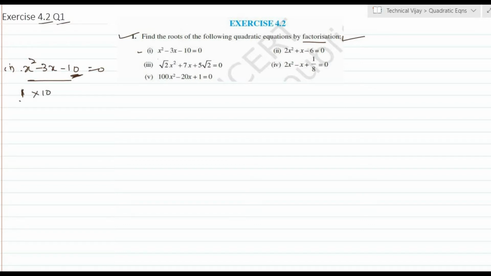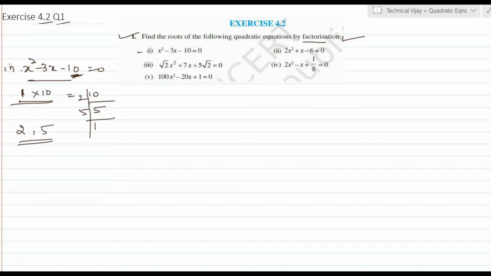So 1 and 10 are there, and we have to find the factors for 10. For example, 2 into 5 is 10, and 5 into 1 is 10. So there are only two factors, 2 and 5.